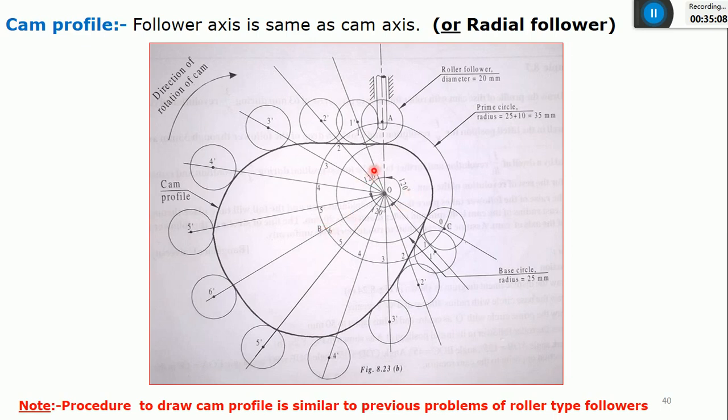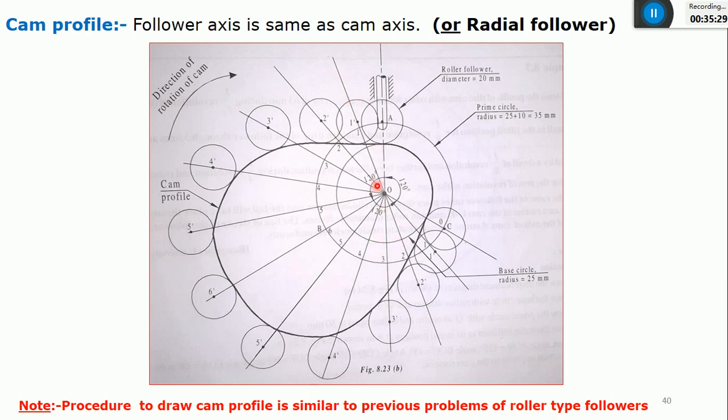Again, after dividing the outward and the return stroke into 6 equal parts, from these reference points on the prime circle, that is 1, 2, 3, 4, 5, 6, draw the radial lines towards the center of the circle from point 1, from point 2, 3, 4, 5, 6. Similarly for the return stroke, that is 5, 4, 3, 2, 1.